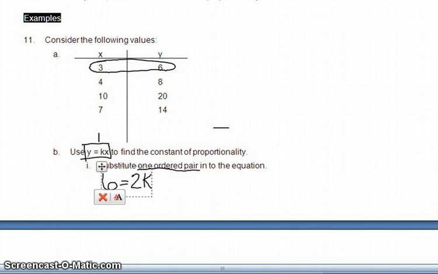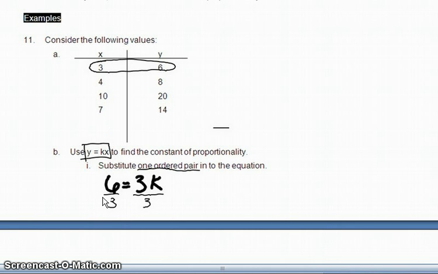Let me erase that here and start over, because 6 equals 3k, not 2k. So I am going to divide both sides by 3 to isolate my constant k. The 3's cancel. 6 divided by 3 is 2, so my constant of proportionality is 2.